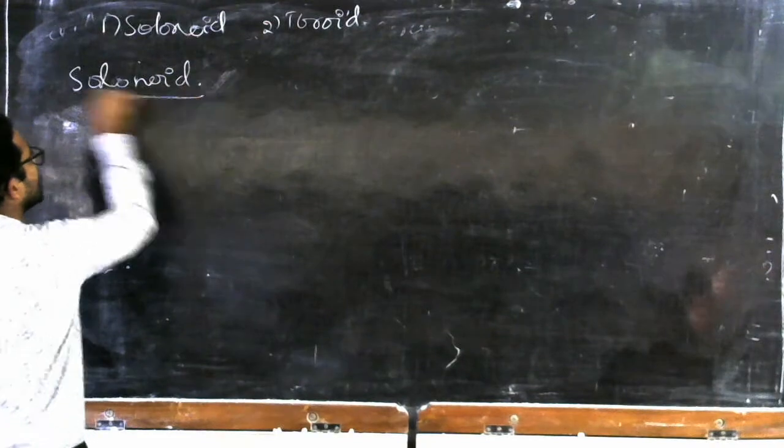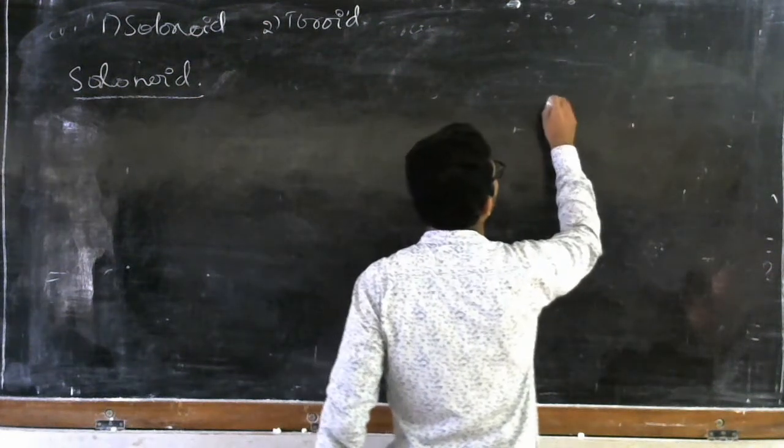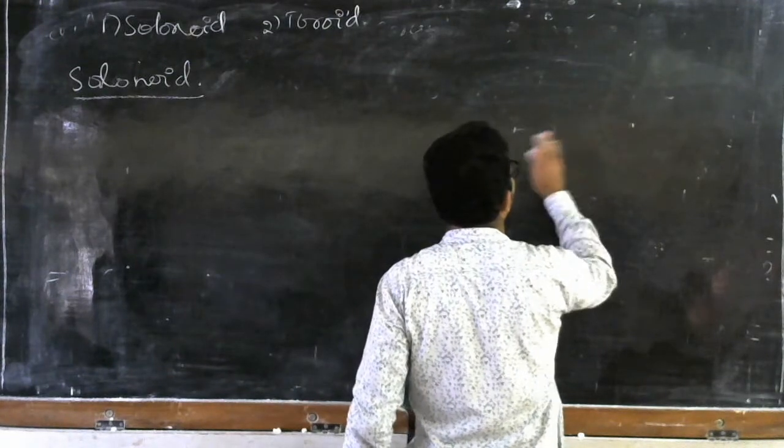Let's see the structure of a solenoid. So this contains wires.